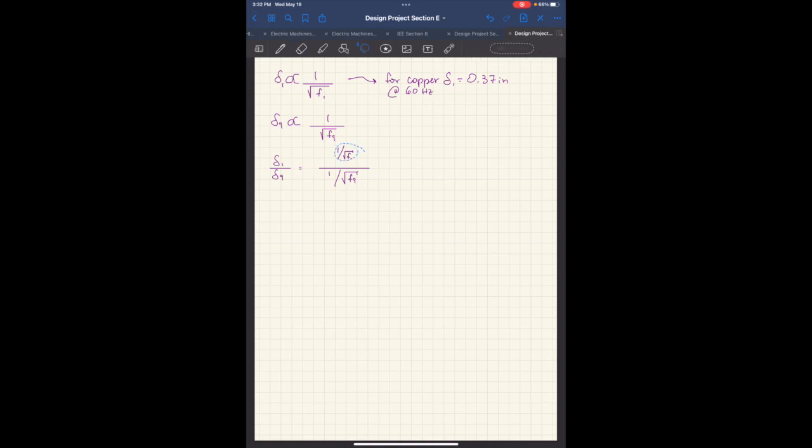So f1 is going to be 60 hertz, and f9 is going to be what we calculated before, which was 9 times 60 hertz, so 540 hertz.